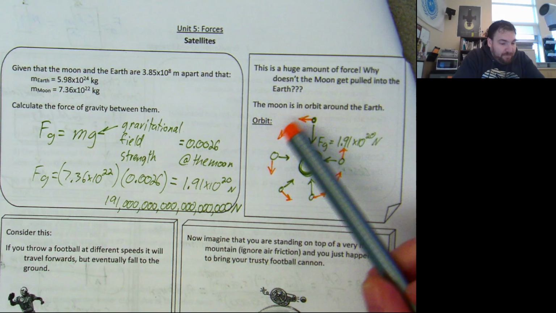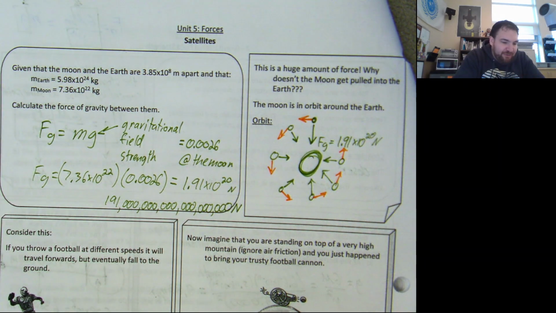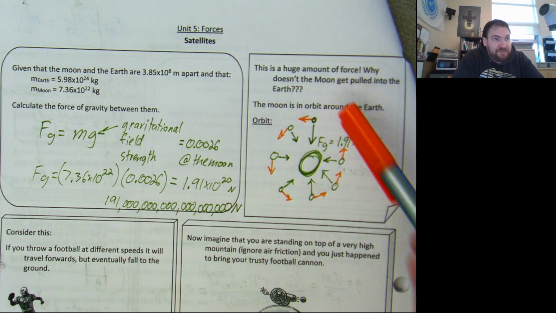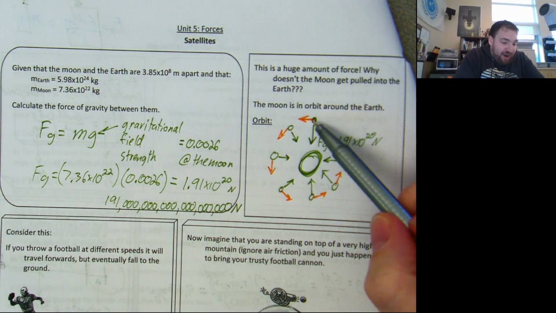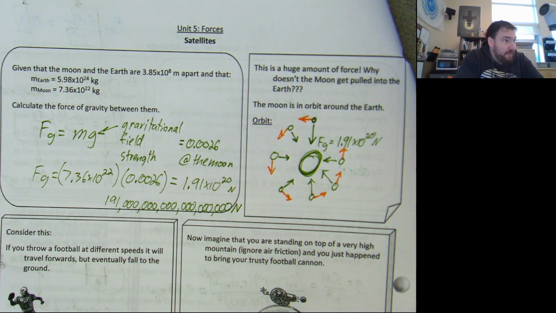So the moon is in orbit, is the language we use around the Earth. But what is an orbit? An orbit is an object that is constantly trying to fall to the Earth, but it is constantly missing. Kind of. The object in orbit has some velocity.